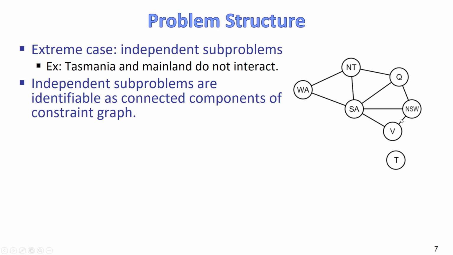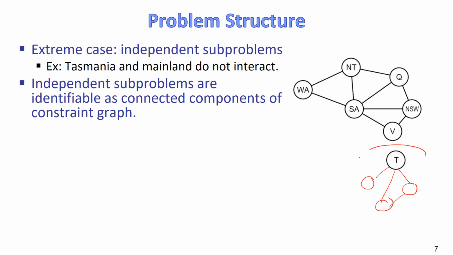Look at this constraint graph. We'll find that this node is completely separate from that graph. Even if we have here, and let's assume that we have here other nodes, something like this, still, this is completely independent.